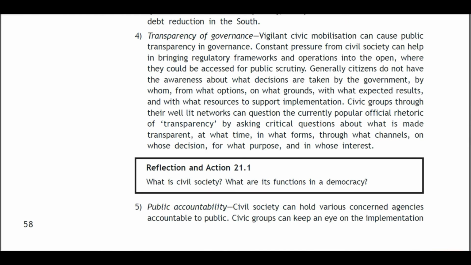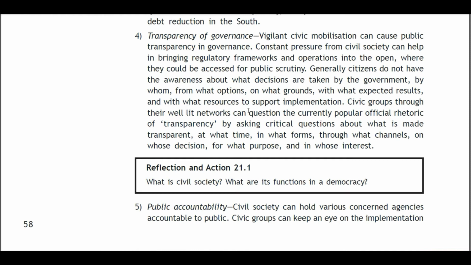4. Transparency of governance. Vigilant civil mobilizations can cause public transparency in governance. Constant pressure from civil society can help in bringing regulatory frameworks and operations into the open, where they could be accessed for public scrutiny. Generally, citizens do not have awareness about what decisions are taken by the government, by whom, from what options, on what grounds, with what expected results, and with what resources to support implementation.